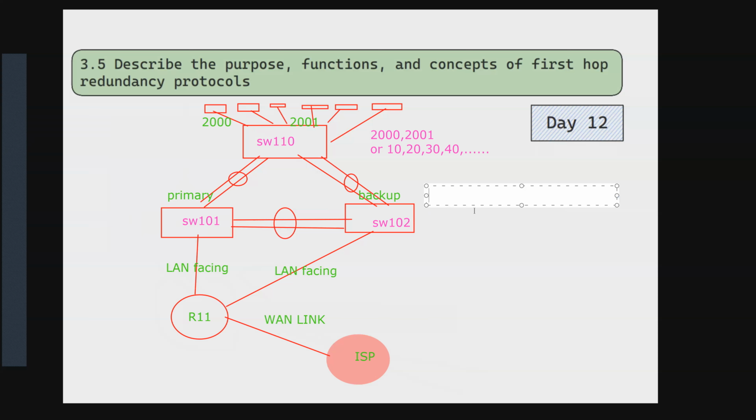So that means the gateway, assume that this is my gateway and I have to send the packet via the backup path, right? Via this switch. So in that case, let's see one more thing.